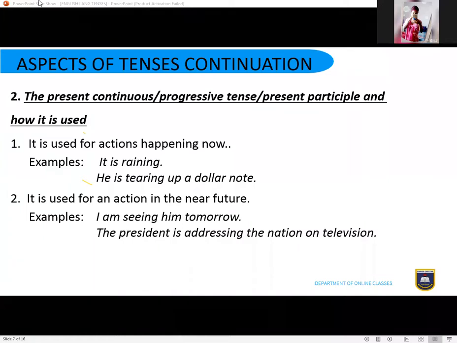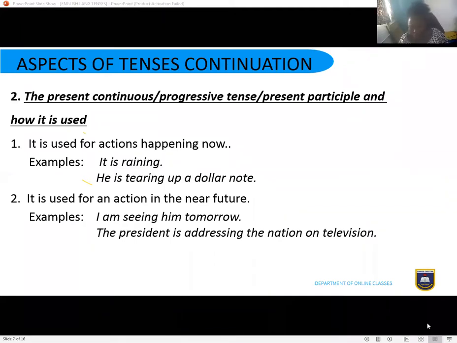Is that the only verb in this sentence? Look on the screen and talk to me. He is tearing up a dollar note. Oh, okay, madam, he's tearing. Tearing, very good.